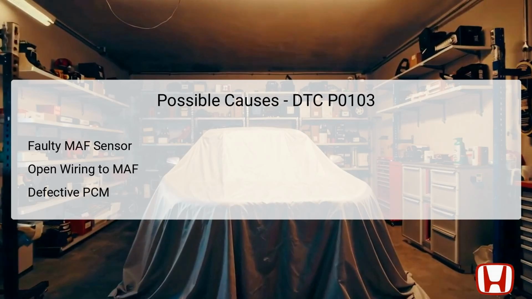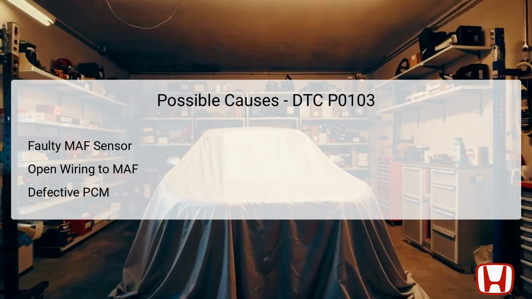Additionally, a defective PCM can cause incorrect readings from the MAF sensor, which may need to be validated through further diagnostics. Overall, a systematic check of these components is necessary to pinpoint the exact source of the issue before any replacements are made.